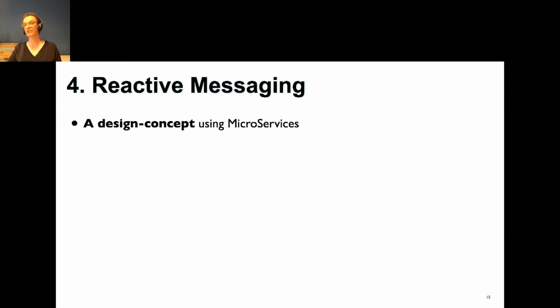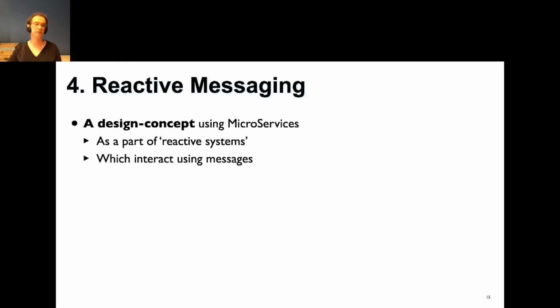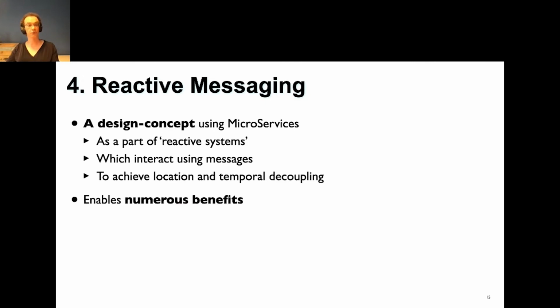This is a design concept, the fourth buzzword, reactive messaging. This is a design concept using microservices as part of reactive systems, which can interact using messages. So each of these microservices can interact with the messages that it received from other services and can generate new messages to other services. And this allows us to achieve location and temporal decoupling.